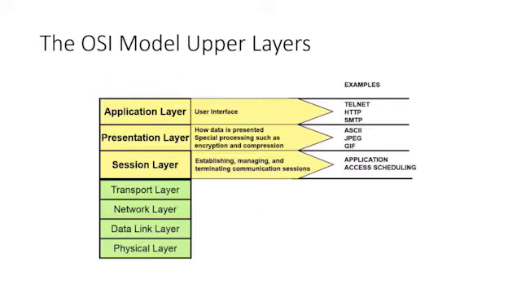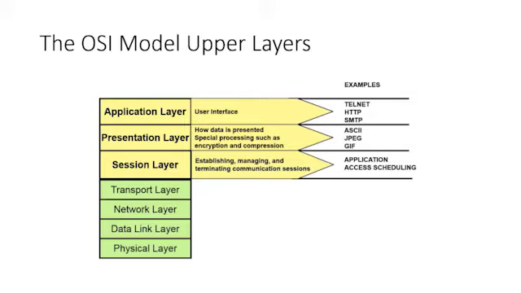So let's take a little closer look, real briefly, at those upper layers, those application layers I was mentioning. The application layer itself, the very top layer, layer number 7, is our user interface. That is the underlying application of what we are using, like HTTP or SMTP or Telnet.